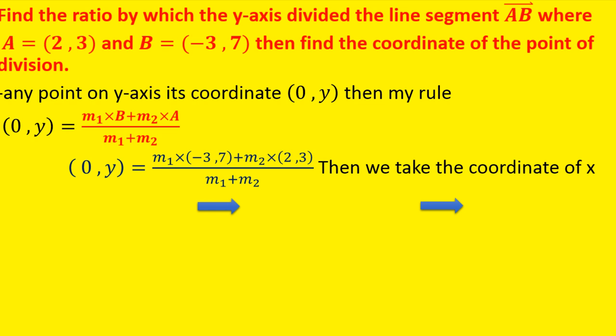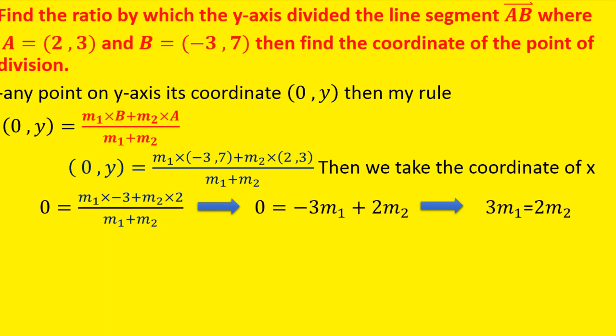Negative 3, 7, plus m2 times what? 2, 3, the coordinate for point A. Then we take the coordinate of x. Please look at the first coordinate only in all my points. 0 now equals m1 times what? First coordinate, so we write m1 times negative 3, plus m2 times 2, over m1 plus m2.